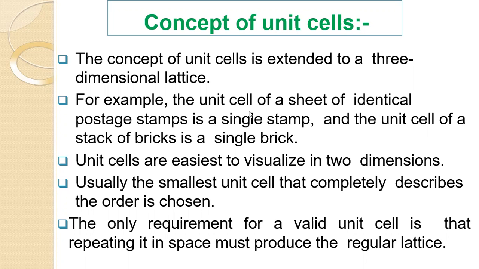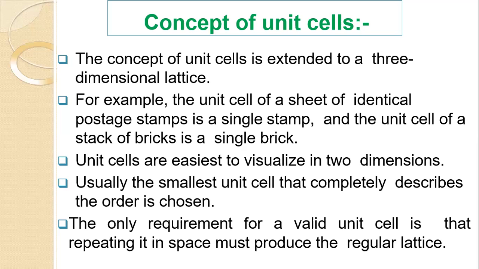In the next class, we are going to discuss the space lattice structure. In that, we are going to get detailed information about the different types of structures, that is face centered cubic, body centered cubic, and the hexagonal close packed structure.